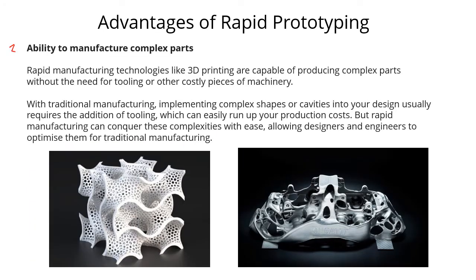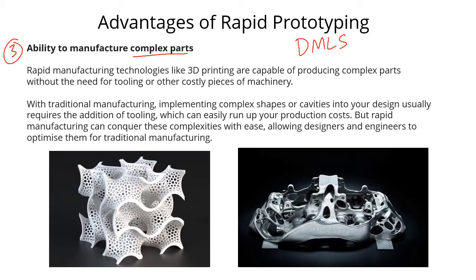Another one, additive manufacturing actually allows you to manufacture really, really complex parts. So for example, we were talking about direct metal laser sintering. You can produce those really complex metal parts without having to change them or be limited by traditional manufacturing.